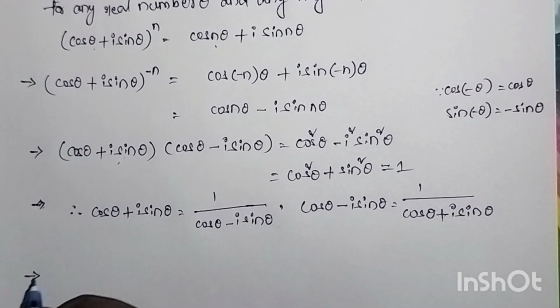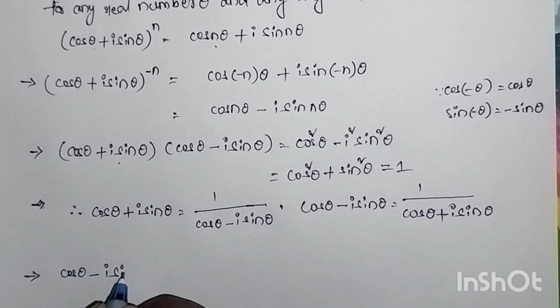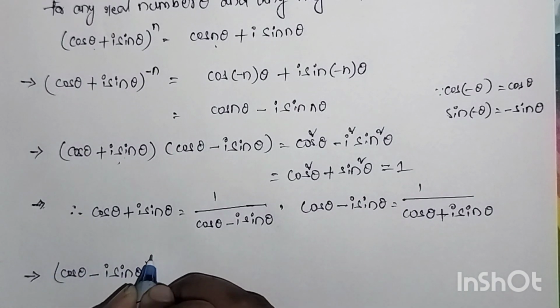So the next formula is (cos theta minus i sin theta) whole to the power n.